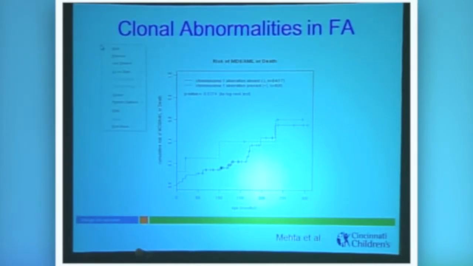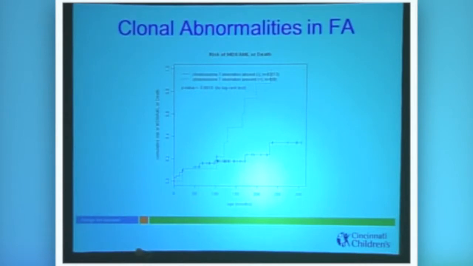In contrast to that, chromosome 7 abnormality, especially monosomy 7, is notorious for progressing to acute myeloid leukemia or high-grade MDS. Those we really take seriously, and we start preparing for transplant and call as soon as they turn into MDS.